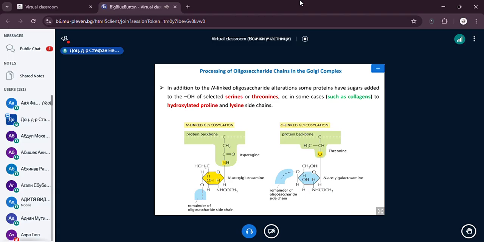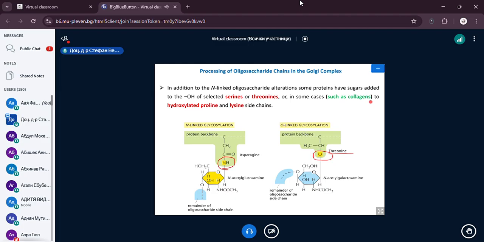And additionally, together with the glycosylation of asparagine, in the medial cisterna, new glycosylation happens on the hydroxyl group of threonine and serine residues of proteins. And this is called O-glycosylation or glycosylation of the hydroxyl group of threonine and serine.